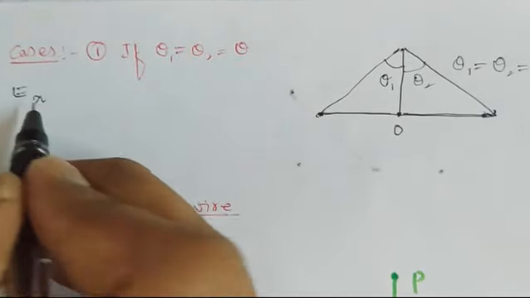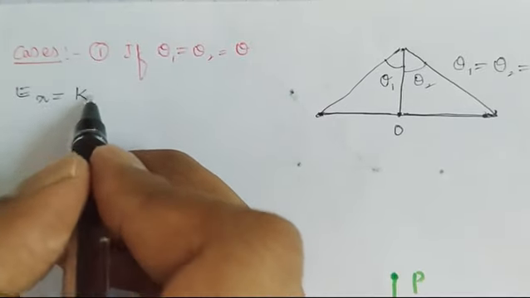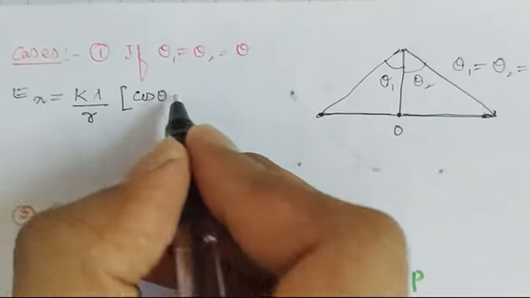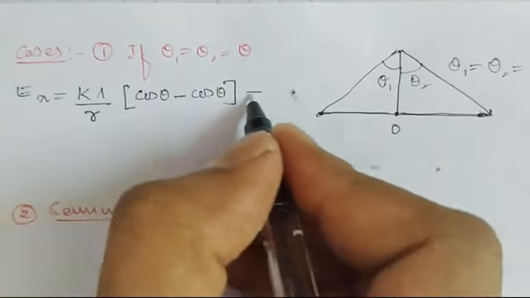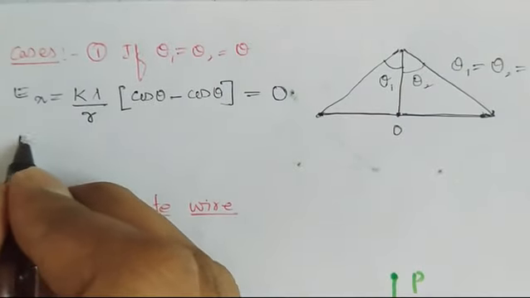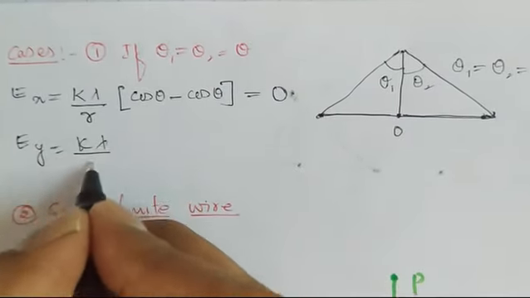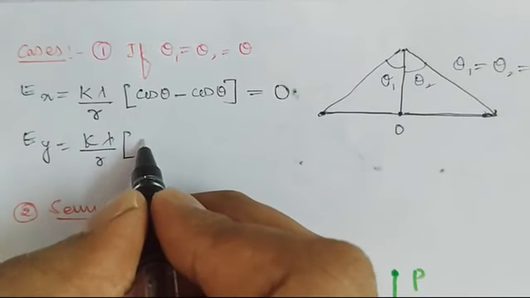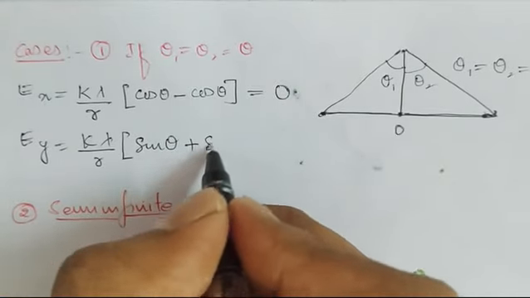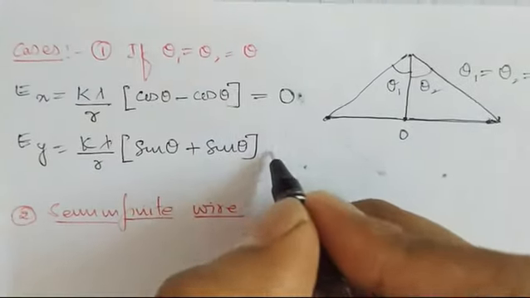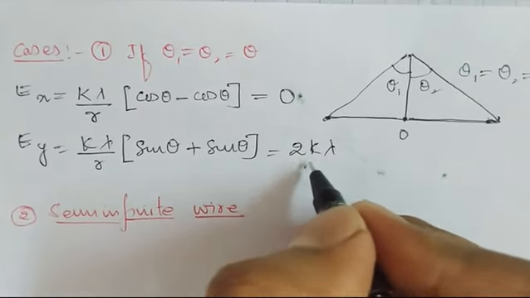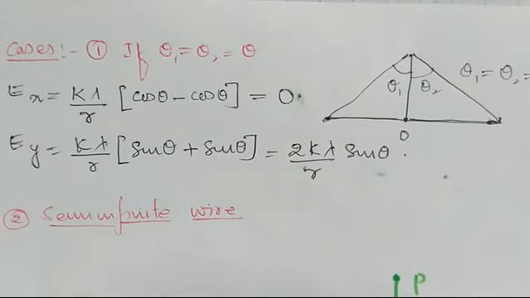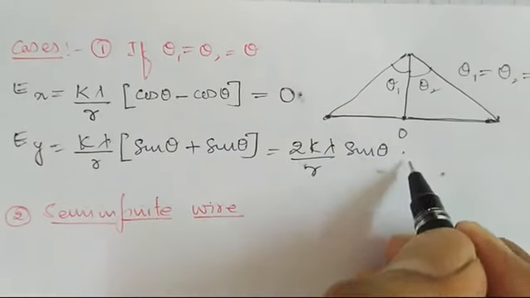Now Ex is equal to K lambda divided by R into cos theta minus cos theta, so you will get 0. Now along the y-axis, K lambda divided by R into sine theta 1 plus sine theta 2, that is sine theta plus sine theta. So you will get 2K lambda divided by R sine theta. Right? So this is the expression.